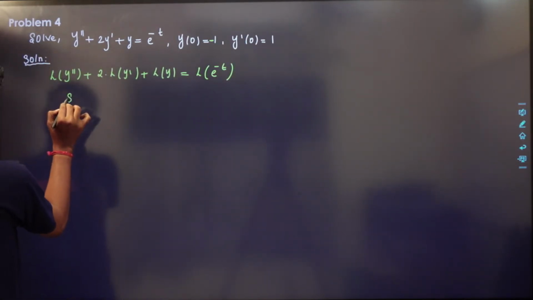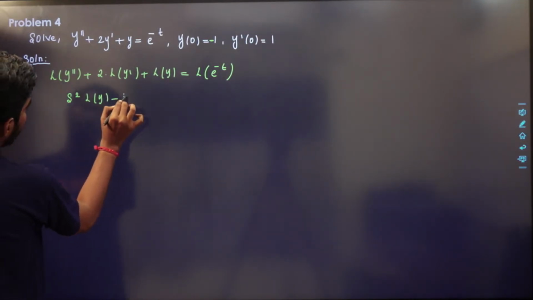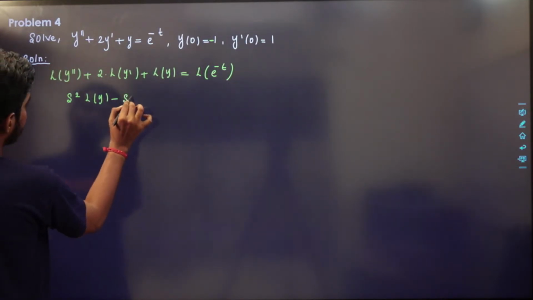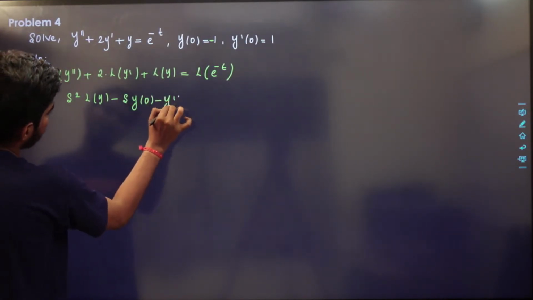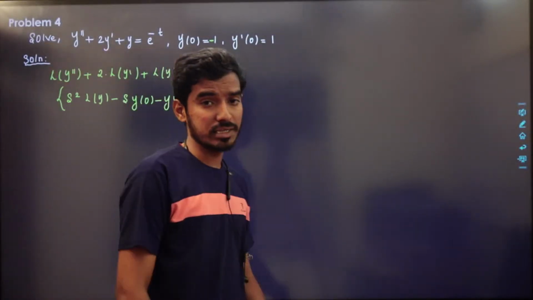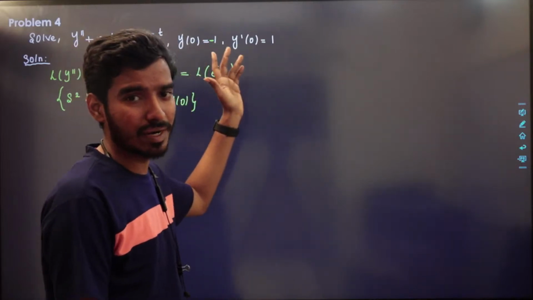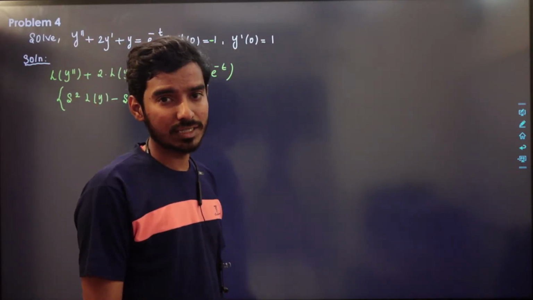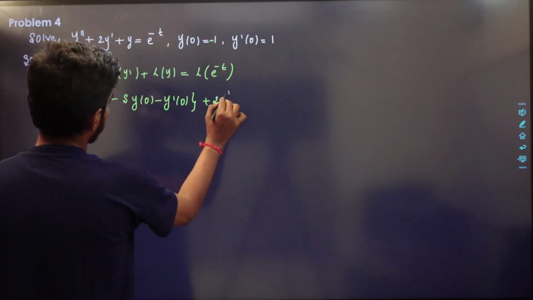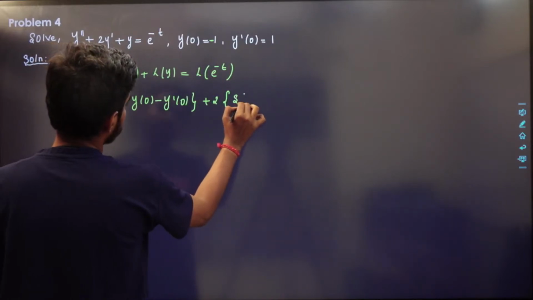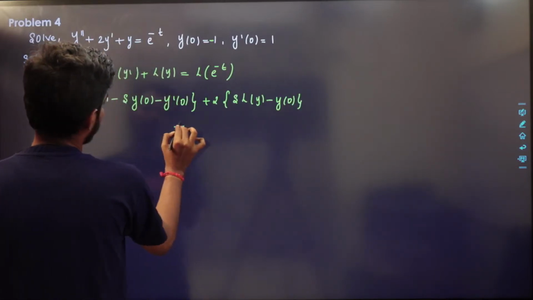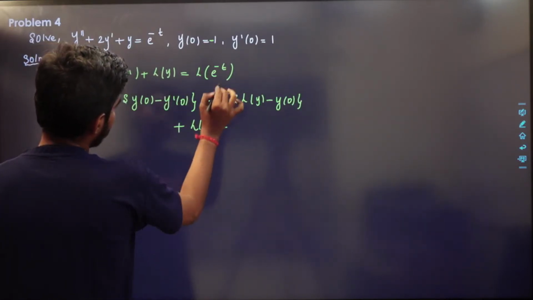So L of y double dash is s square L of y minus s into y of 0 minus y dash of 0, right? This is a very elementary formula which I have already listed in the beginning of the video. Okay. So 2 times L of y dash is s into L of y minus y of 0, plus L of y.